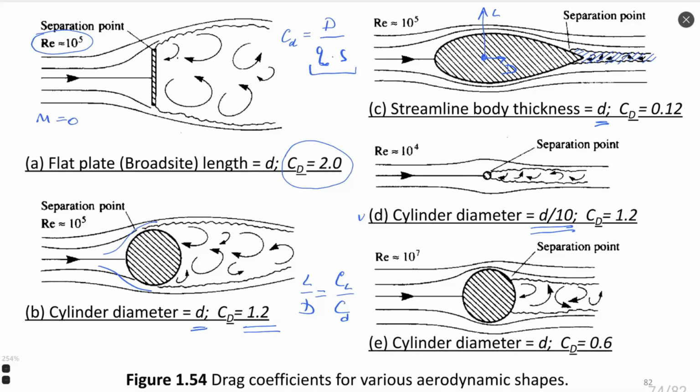Just when we convert this drag coefficient into drag force, we will see that the drag force for the airfoil and the drag force for this 10 times smaller cylinder have the same value. The drag coefficient is 10 times smaller for the body, but because the body is 10 times bigger, the drag force is the same.